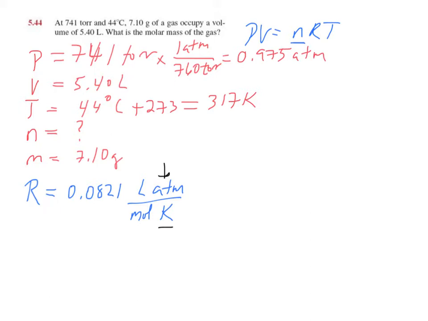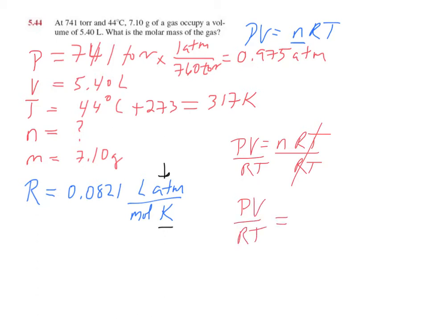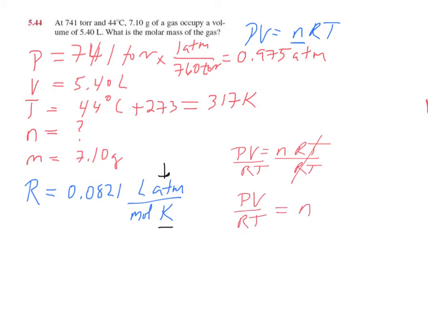So now I can take PV equals nRT and solve for n. Divide both sides by RT. They cancel out. So PV over RT equals n.